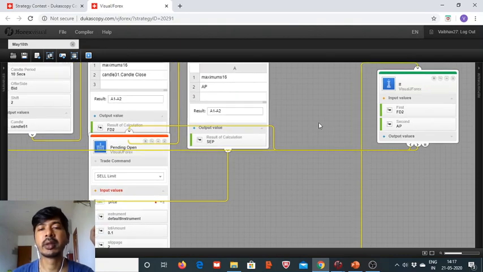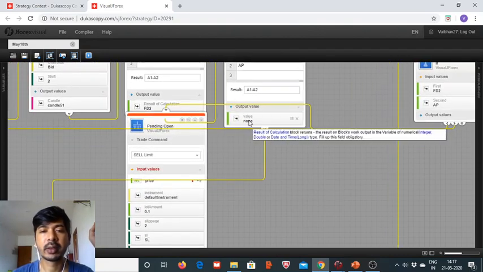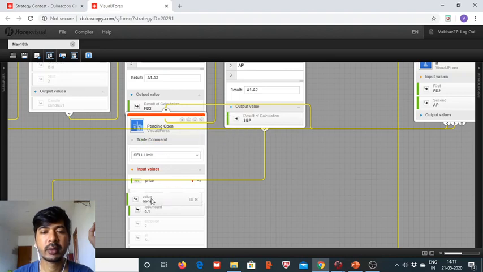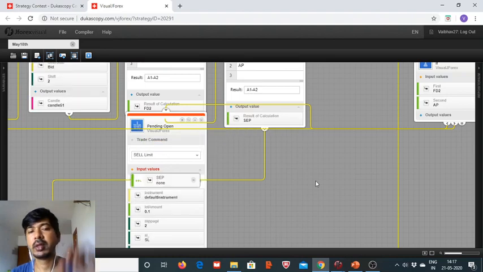So here there is a calculation for determining the sell execution price. So we got this.